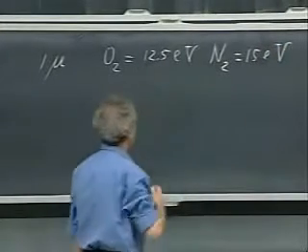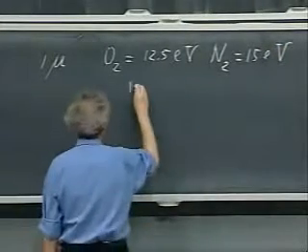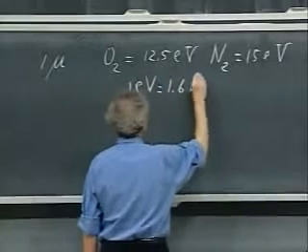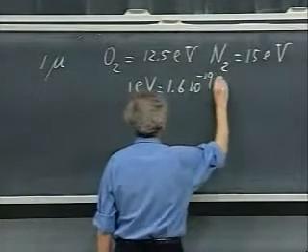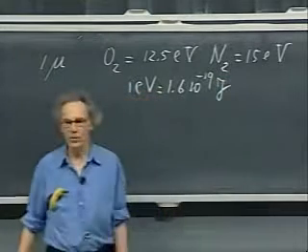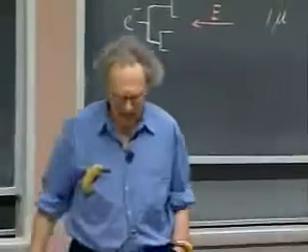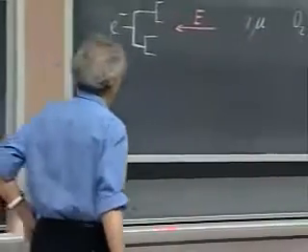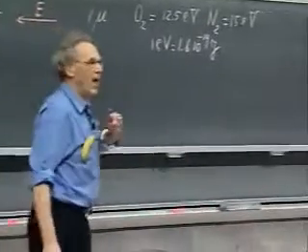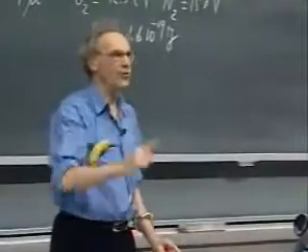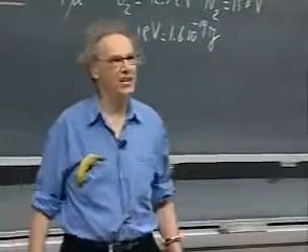What is an electron volt? Well, an electron volt is a teeny-weeny little amount of energy. It's 1.6 times 10 to the minus 19 joules. Electron volt is actually a very nice unit of energy. Because once you have an electron and it moves over a potential difference of 1 volt, it gains kinetic energy.